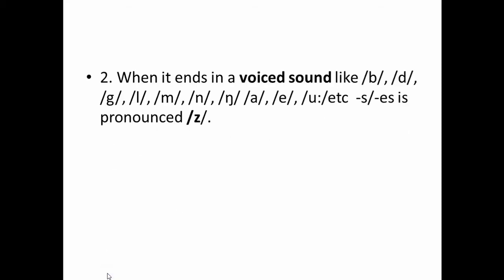Rule number two is that when the first form of the verb or the singular noun ends in a voiced sound, and voiced sounds are those in which the vocal cords vibrate, this s or es is pronounced as z. You would have been pronouncing it the same way, but you wouldn't know the rule before.